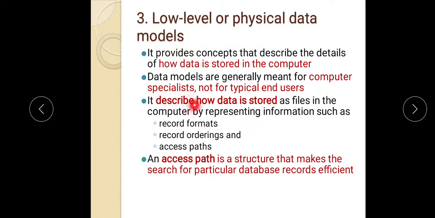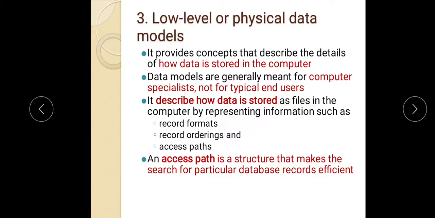It describes how data is stored as files in the computer by representing information such as: first, the record format, in which format the data is stored; second, the record ordering, what is the order of storing the data; and third, the access path, what is the location of the actual record and how we can go to that location and access the data.